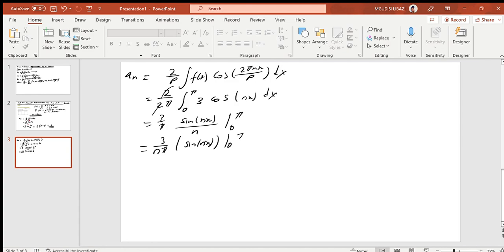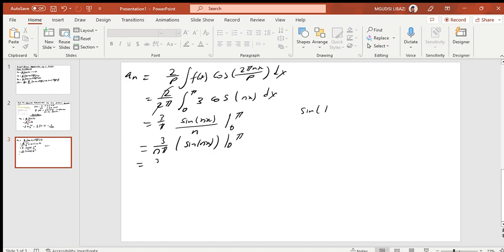That's going to give me 3 over n pi times sine of nx from 0 to pi. If you put your calculator in radians and substitute any number, for example sine of 1 multiplied by pi, that should be pi instead of x. Let's first start by substituting our limits.